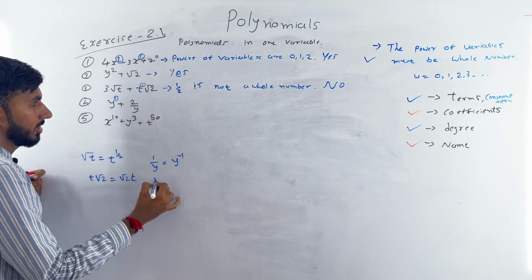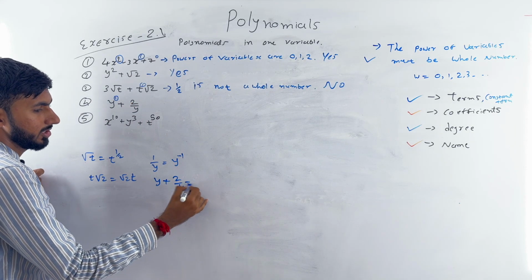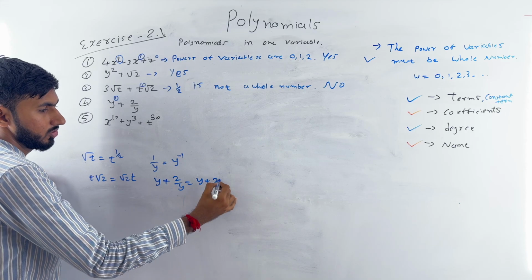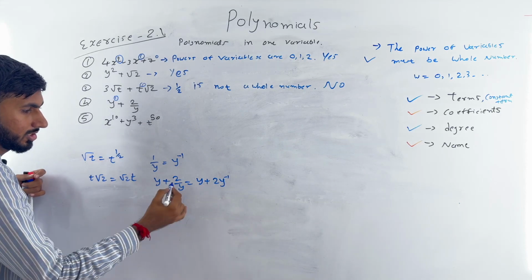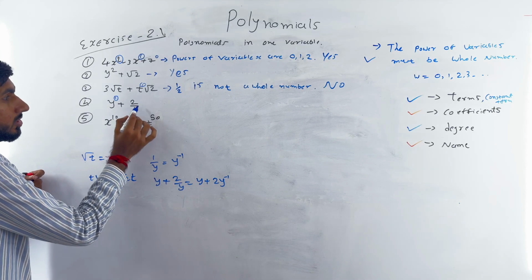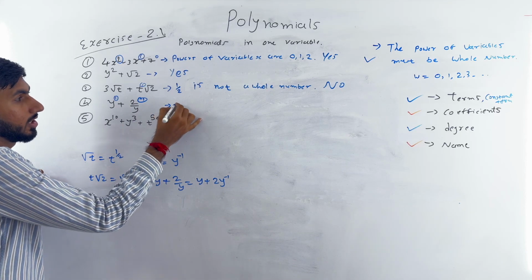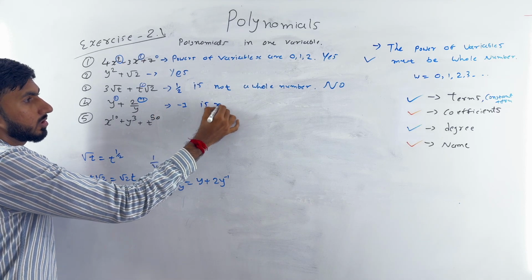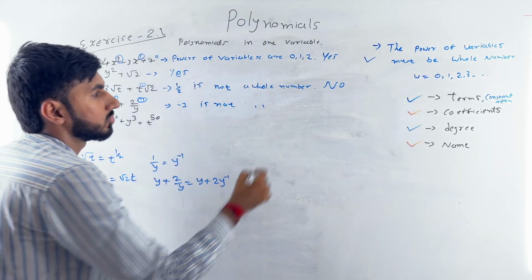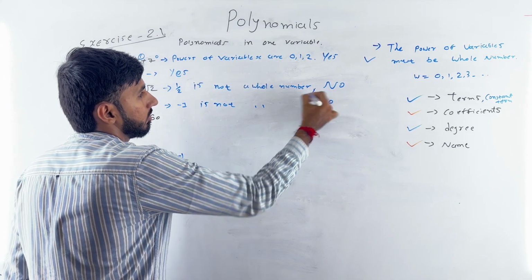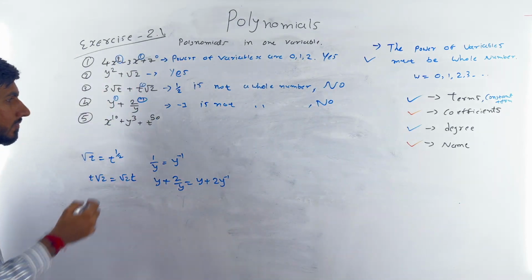So y plus 2 by y is y plus 2y power minus 1, right? The power of y is minus 1, and minus 1 is not a whole number. So this is also not a polynomial in one variable, right?